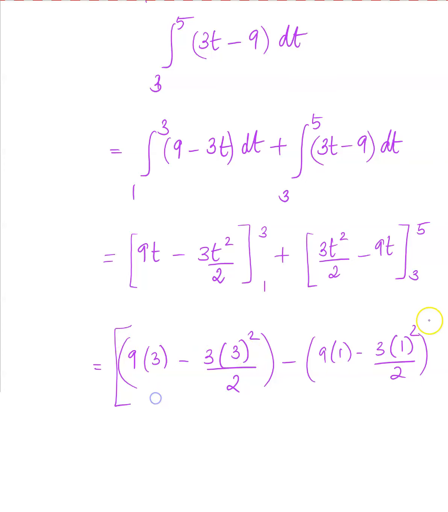So this is for the first one, 3 minus 1, top limit minus the bottom limit, plus that's the first part, so 5 minus the 3.